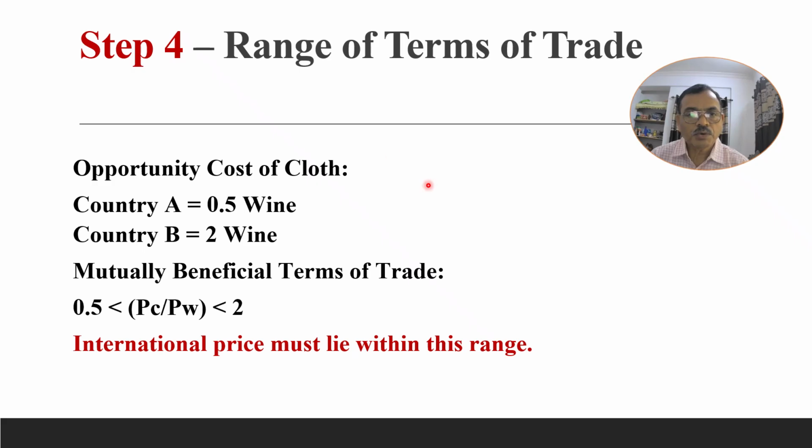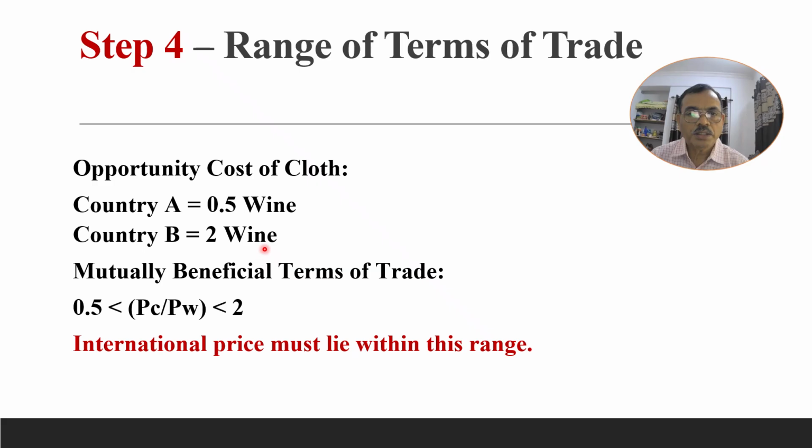Opportunity cost of cloth in country A is equal to 0.5 units of wine, and in country B opportunity cost of cloth is equal to 2 units of wine.